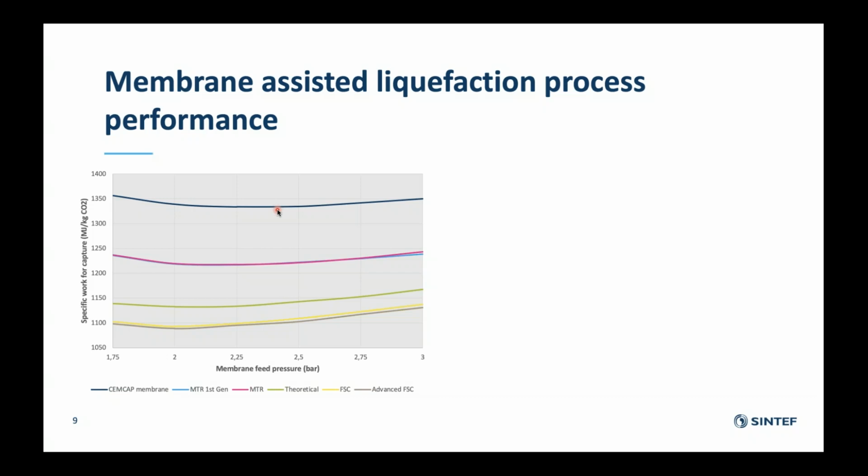Right. And as we see, as you increase the selectivity, not only does the specific work for capture decrease, the minimum moves to the left. So you get the minimum work at a lower pressure, so that you can get a cheaper, if you will, compression stage or compressor because of a lower pressure ratio that you can design for.